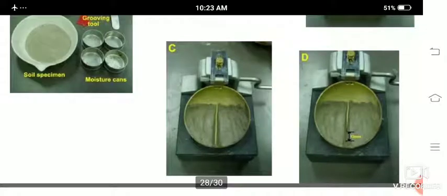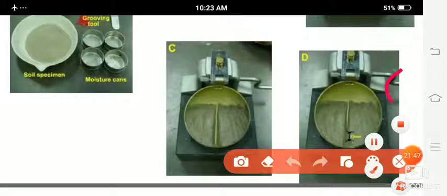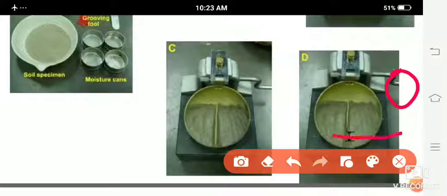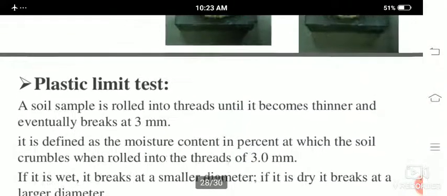After that, if you rotate this, the soil comes into contact. Remove this soil in the same way, put it in the cans and oven dry it. You can get the moisture content of that particular soil.